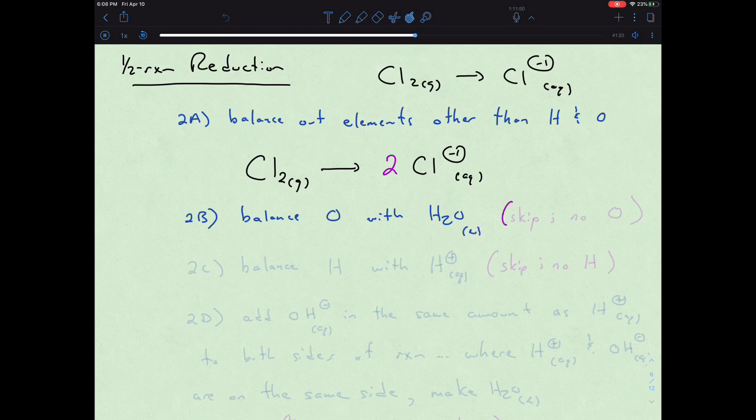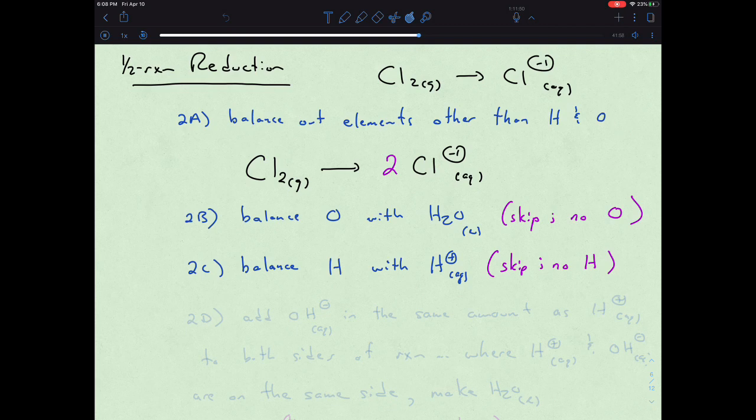Right here we can skip. There's no oxygen actually in the reaction. The same thing happens with 2C. We want to balance out hydrogen with protons. And we find, like I said, the same. We can skip since there's no hydrogens.